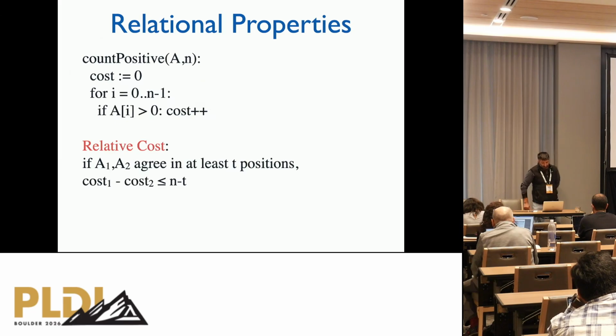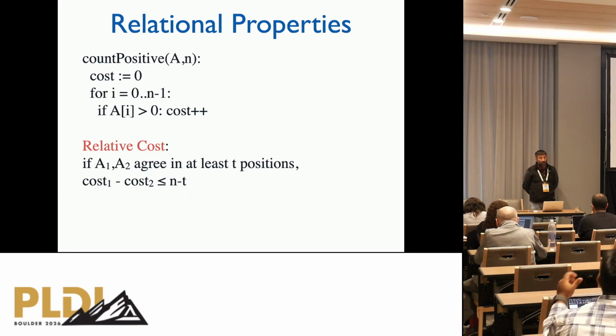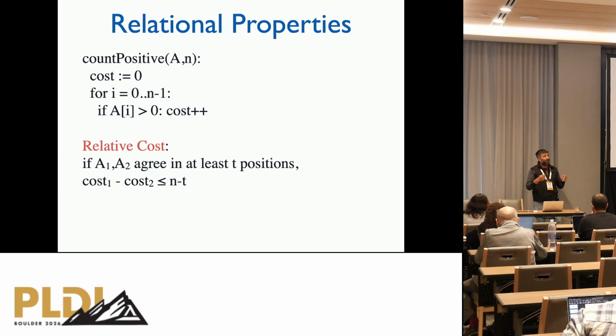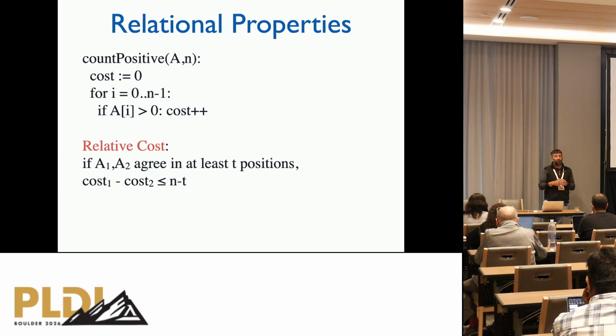And another property that I'm very interested in is to show that when we change input, or when we change part of the program, the running cost or the memory cost of the program doesn't change too much. So some notion of cost analysis that is relational and relative to two different programs.